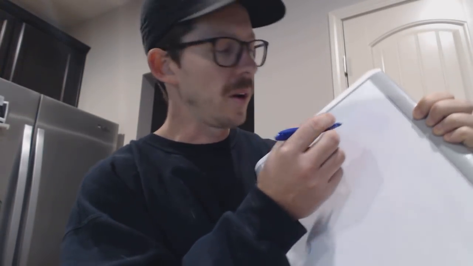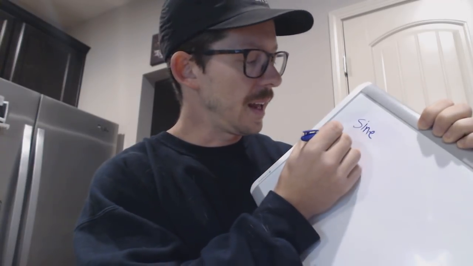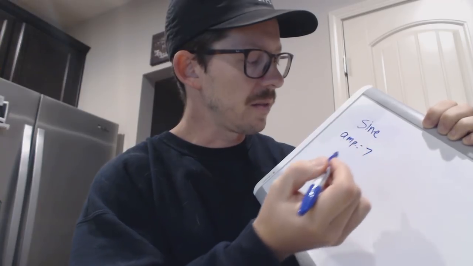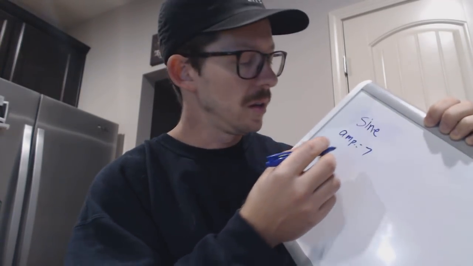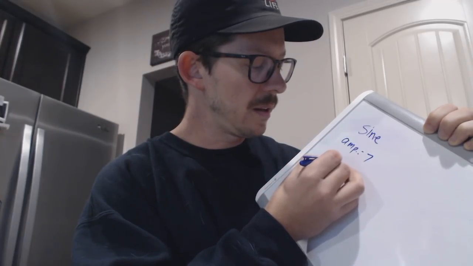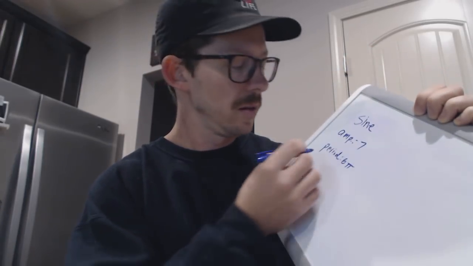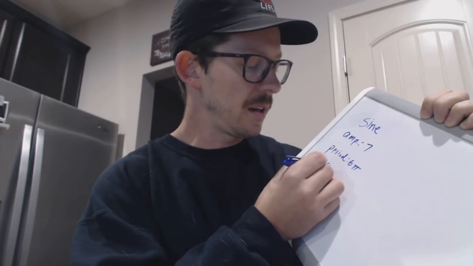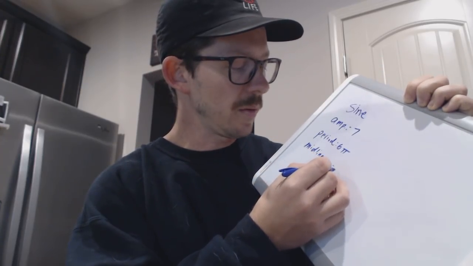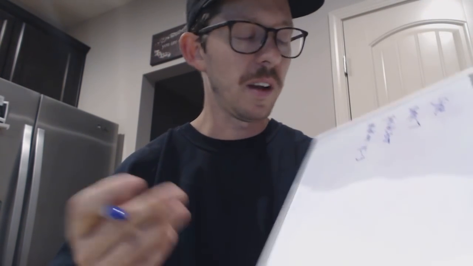Let's say I wanted a sine graph that had an amplitude of 7, a period of 6 pi, and a midline of y equals -3. So let's say I want to create a function like that.